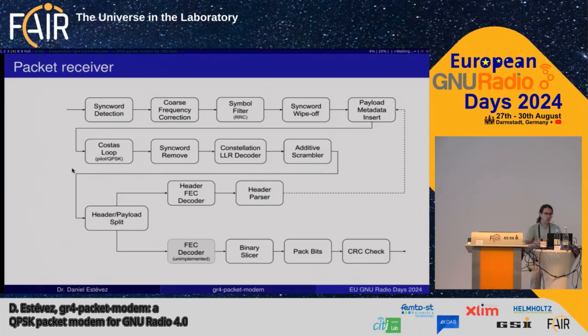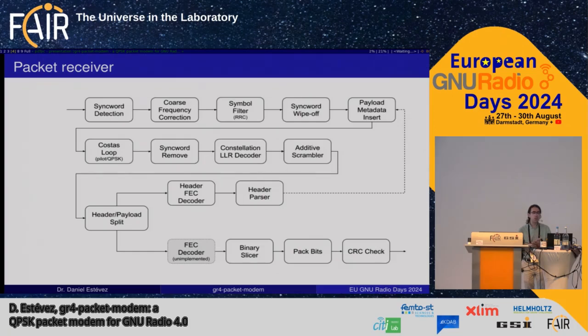And for demodulation, we have the Costas loop. We remove the sync word here because we do not need it anymore. It has already trained the Costas loop. We have the constellation LLR decoder. So you go from complex symbols to log likelihood ratios for the bits, so soft bits if you wish.